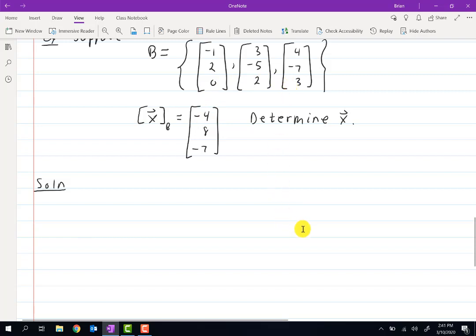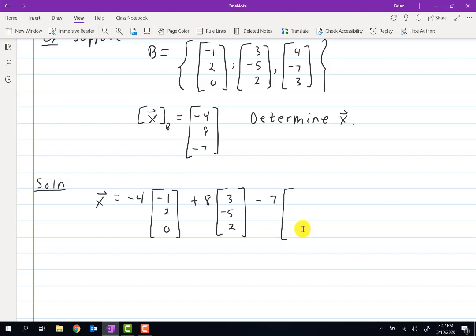So the way we have it is x will equal -4 times the first basis vector plus 8 times the second basis vector, and then finally -7 times the third basis vector. And then you can see what I'm talking about here.